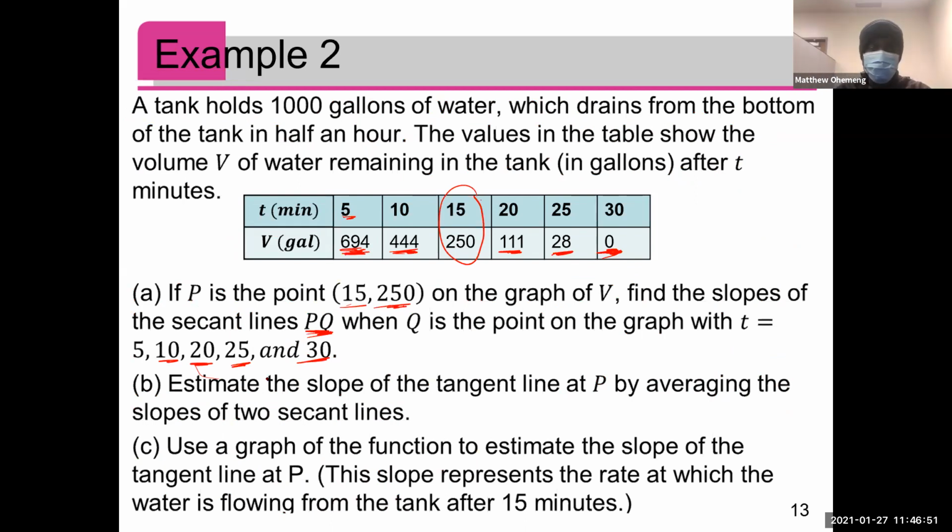That means you pick the secant line from here and from here, and then average them. Those are the closest. So find the average: just sum them and divide by the total number, that's 2.